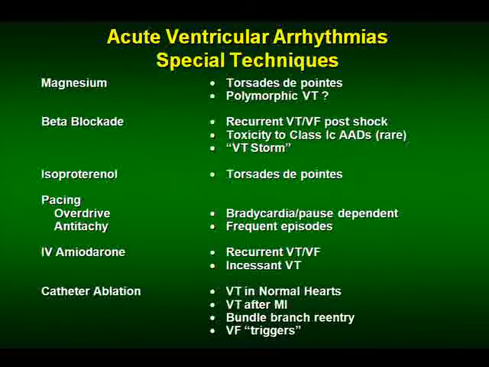It's primary therapy in a specific situation called bundle branch reentry, which you'll probably never see or never recognize if you see it. VT after MI can be treated with catheter ablation, and rarely there are people who have the same PVC that triggers repeated episodes of ventricular fibrillation, and if we find that trigger and ablate it, they can get managed with other means. But this is rare and all requires very specialized help.